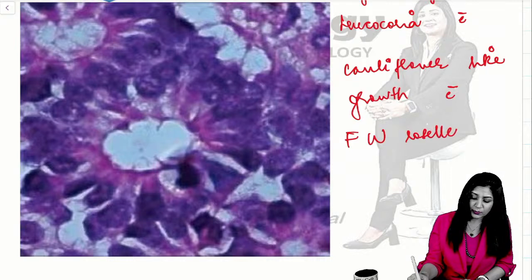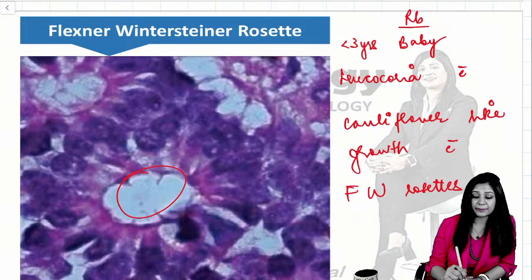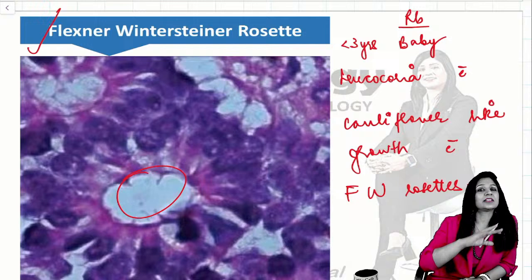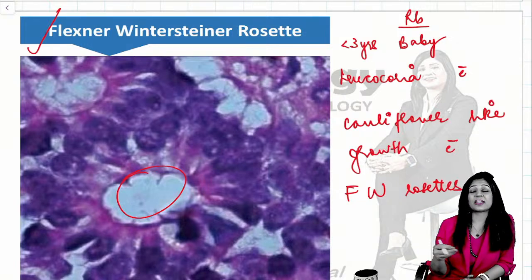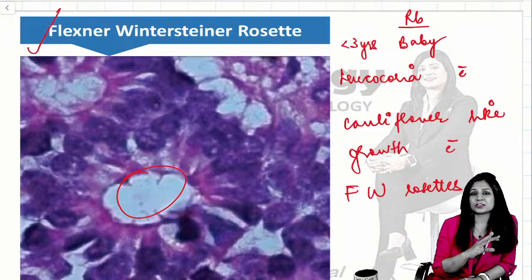You can see this lumen is there. These are the Flexner Wintersteiner rosettes, and this is very, very typical of retinoblastoma. I do not know why they always write cauliflower-like growth; in text I have never seen it written for retinoblastoma, but in your PYQs it's always like this.